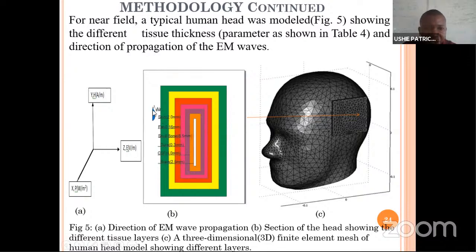This one shows the phone, this one is an air space. It can be 2 meters, can be 2 centimeters, depending on where the phone lies. But we are using the near field case with the Fresnel region at 2 centimeters maximum from these points to the head. So you can see the different tissues as you get to the head.